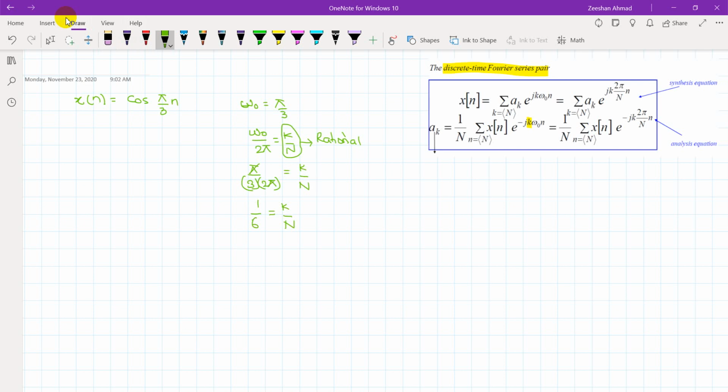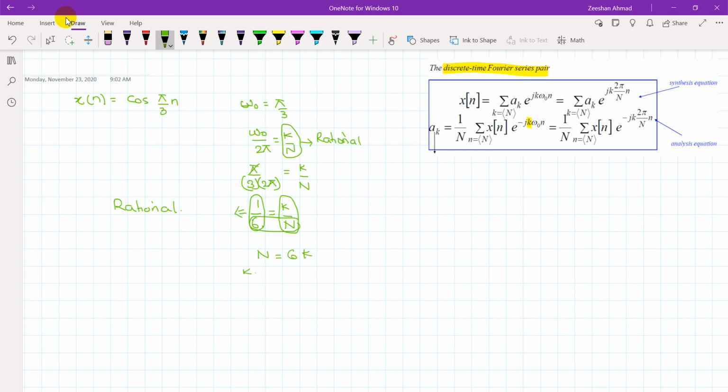Now, for a periodic signal, we say that the ratio k by N should be a rational number, specifically the ratio of two integer values, and obviously it is, so we can say that this is a rational number here. So we can find it like this: N equal to 6k here.